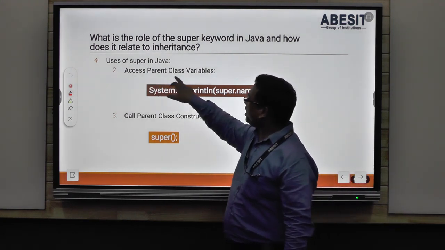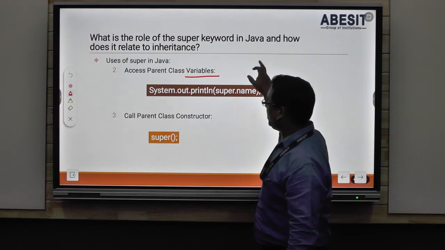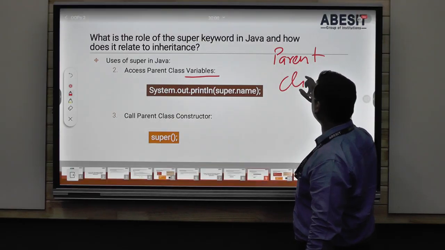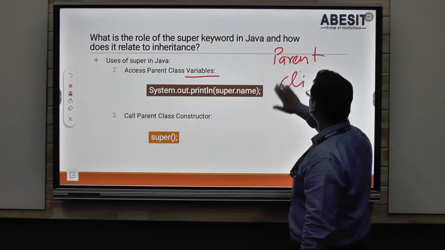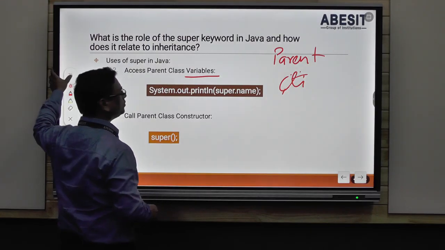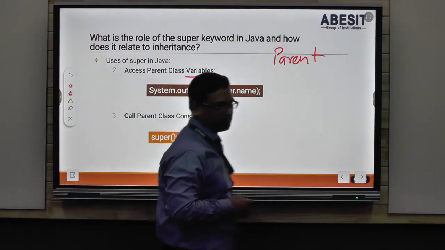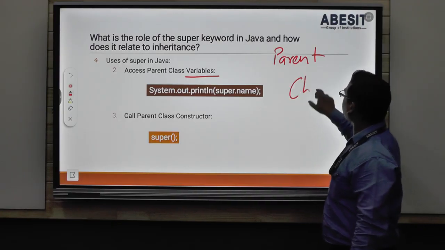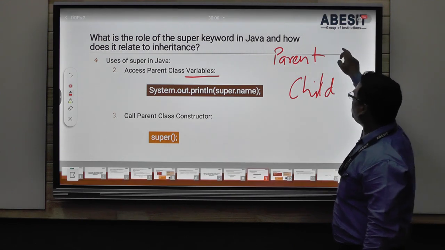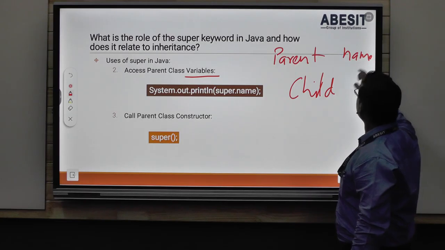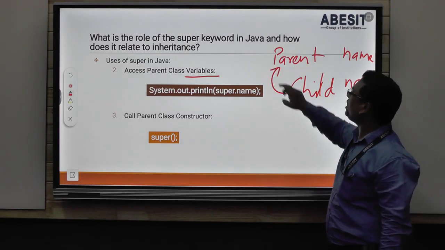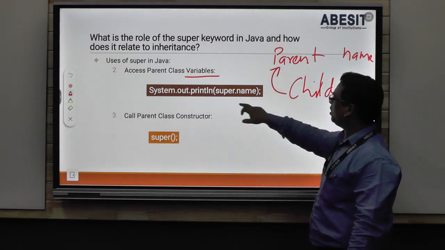a child can access a parent class variable. When a parent class and a child class both have the same variable name, like name and name, then if the child class wants to access its parent class variable, you can write super.name.